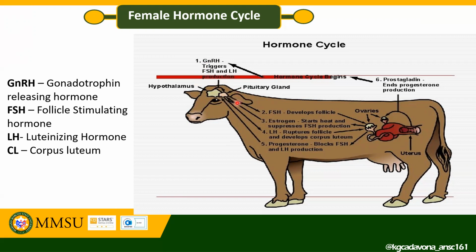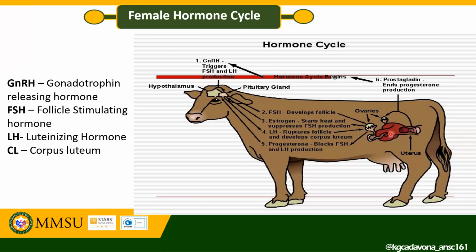Para pag na-stimulate si pituitary gland, mare-release yung dalawang hormone, which are the FSH and then the LH, or the follicle stimulating hormone and the luteinizing hormone.